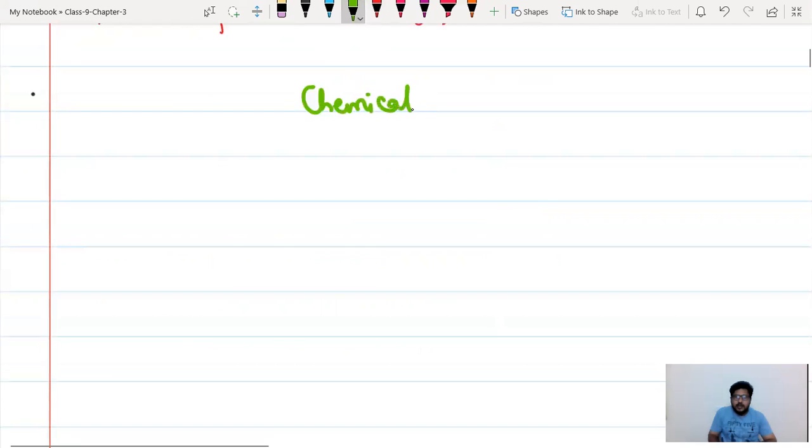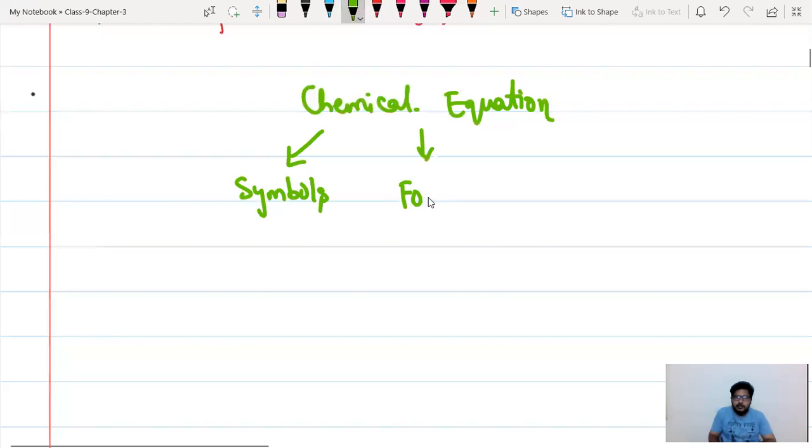Chemical equation is nothing but representing chemicals, formulas, symbols, and if you make it as an equation, in simple equation, that is chemical equation. In chemical equations, you can find symbols, you can find formulas, sometimes you can find its states.